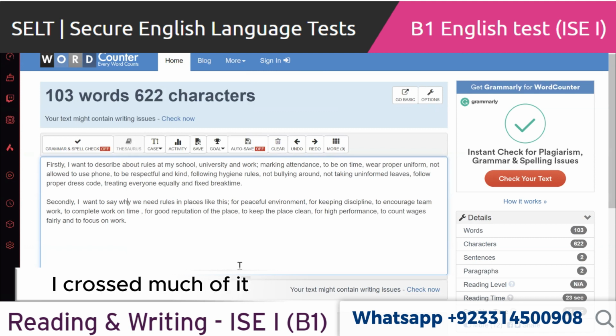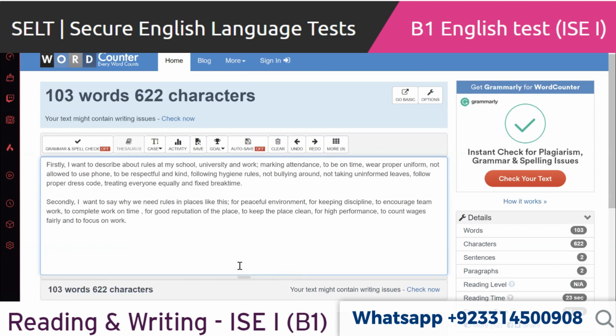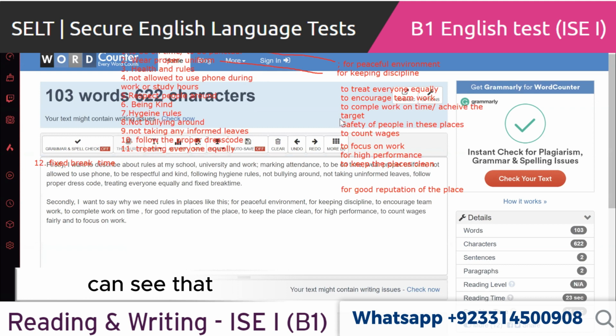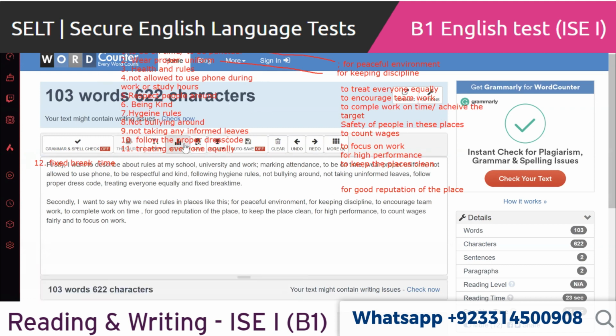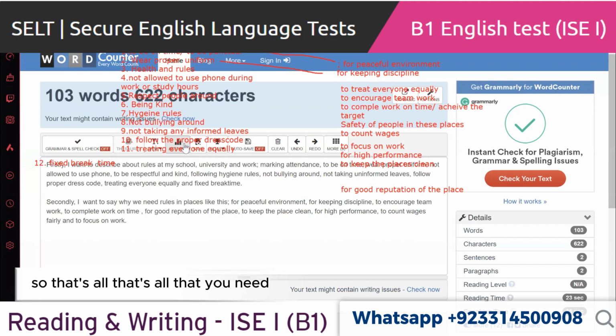See, I crossed much of it. You guys were telling me, but I did not write all of it. I still wrote little, you know. There were many rules given, and I did not choose to write all of them. That's all that you need.